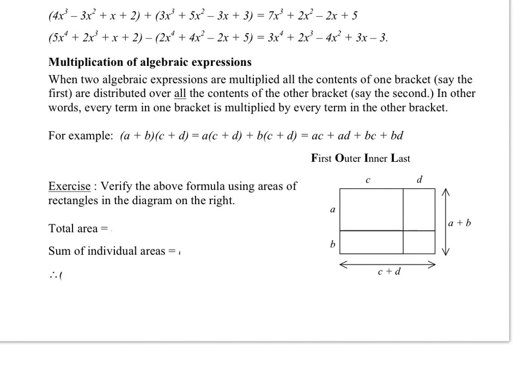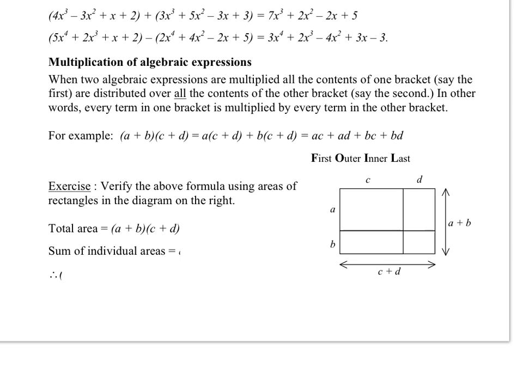It's possible to think about this geometrically. If we have some kind of drawing like this, a rectangle, you can get the total area by doing a plus b times c plus d.